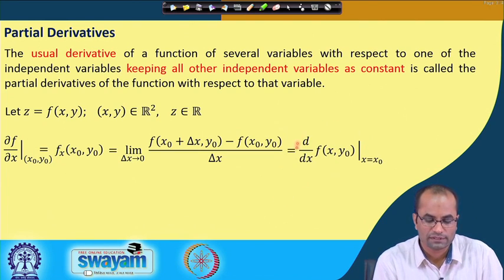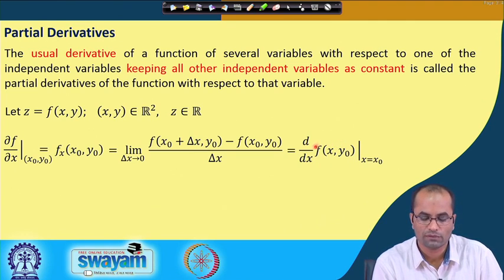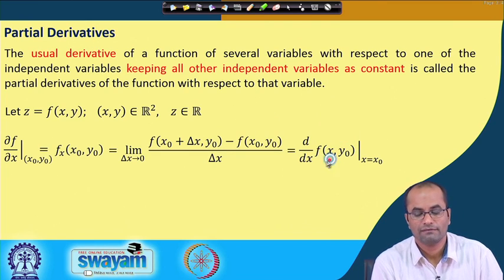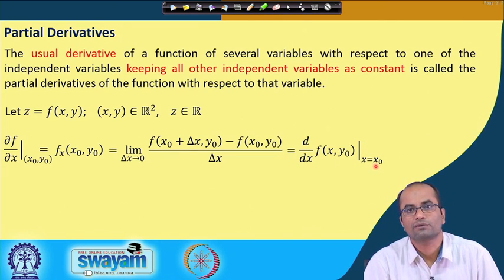We can also understand this as follows. Here in the function we have kept this y0 as constant and we are taking this usual derivative. So, now this is a function of x because we have substituted y0 in the function, and then this becomes a function of one variable x, and then we can take the derivative with respect to x, and later on we can substitute x equal to x0.